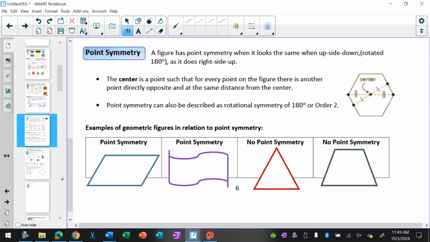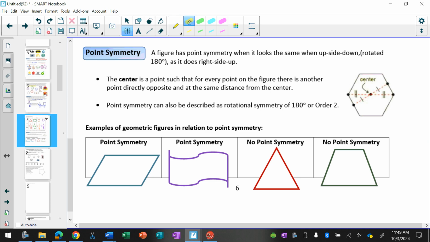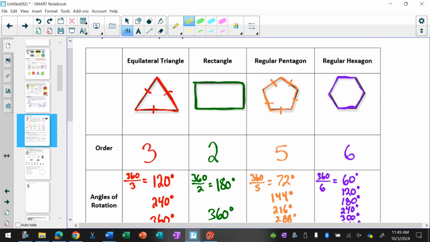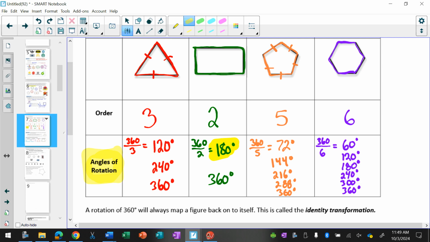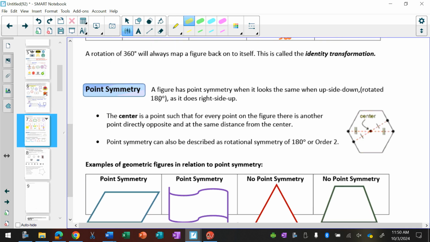Now we got to get to the more specific point symmetry. Point symmetry is a special case to rotational symmetry. So if you can rotate any angle and it maps back onto itself, that is an angle of rotation. If your list includes 180 degrees, some of them will, some of them won't. If it does include 180, that's when you have point symmetry.